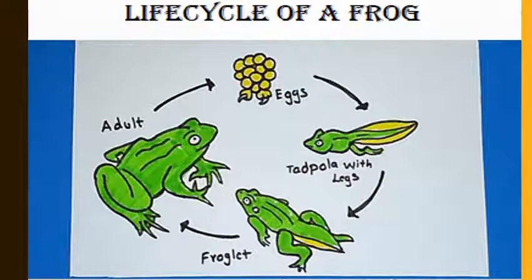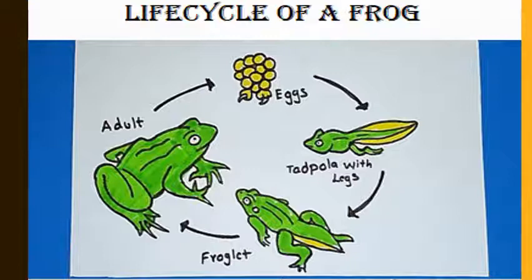And after some time this tadpole develops its lungs and grows bigger, then it is known as a froglet. And when it has completely developed its lungs, it becomes an adult frog. Now there is much difference between a tadpole and a frog.